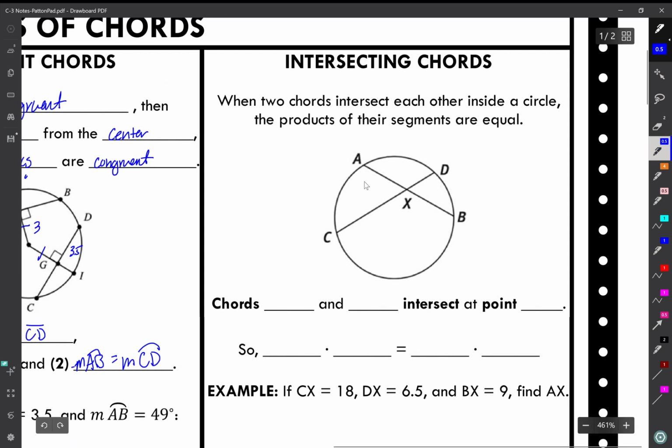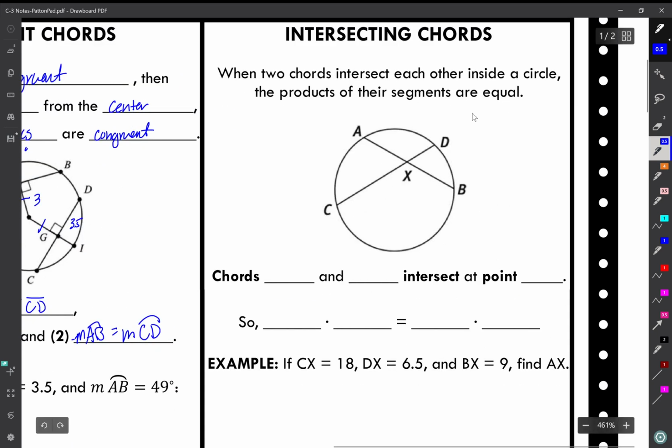Awesome. Now, moving on. Intersecting chords. So we have a special relationship between chords that intersect. When two chords intersect each other inside a circle, the products of their segments are equal.